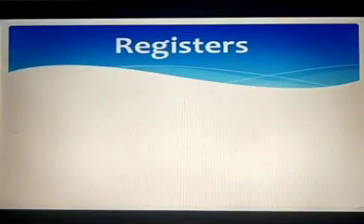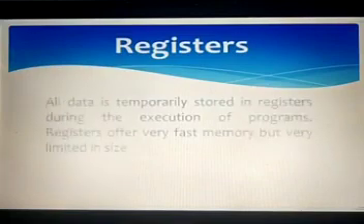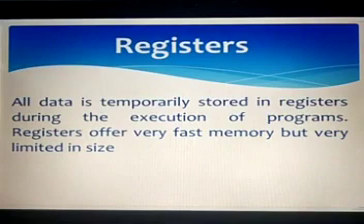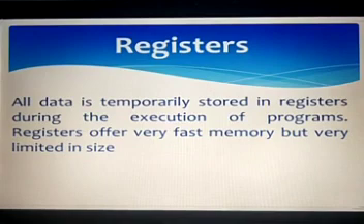The next thing is registers. All the data is temporarily stored in registers. During the execution of programs, registers offer very fast memory but very limited in size. You know that every program that is going to be processed must be stored in RAM or primary memory. But there is another memory present between the CPU and RAM.